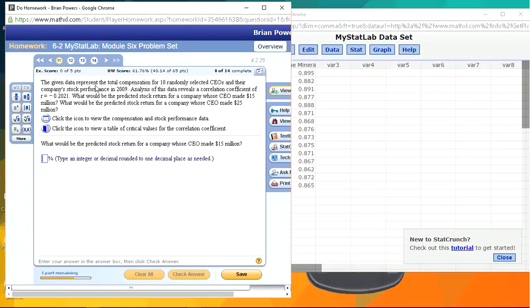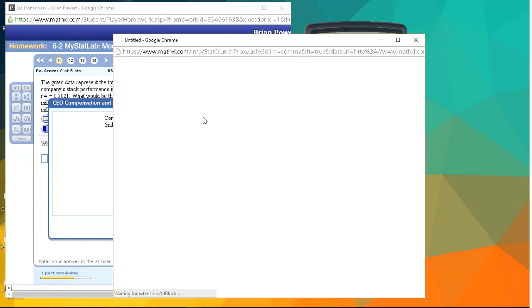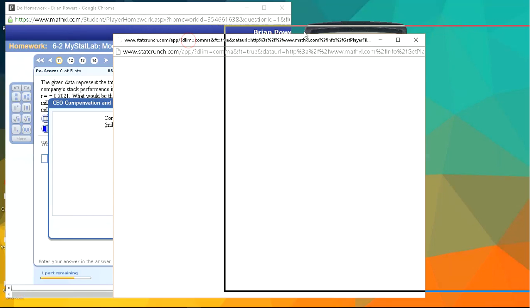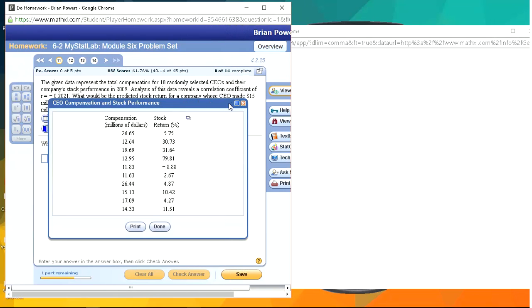Given data represent the total compensation for 10 randomly selected CEOs and their company's stock performance. Since we have the data, let's just pull up the data in StatCrunch. I actually didn't even read the problem, but I'm assuming that this will be helpful.